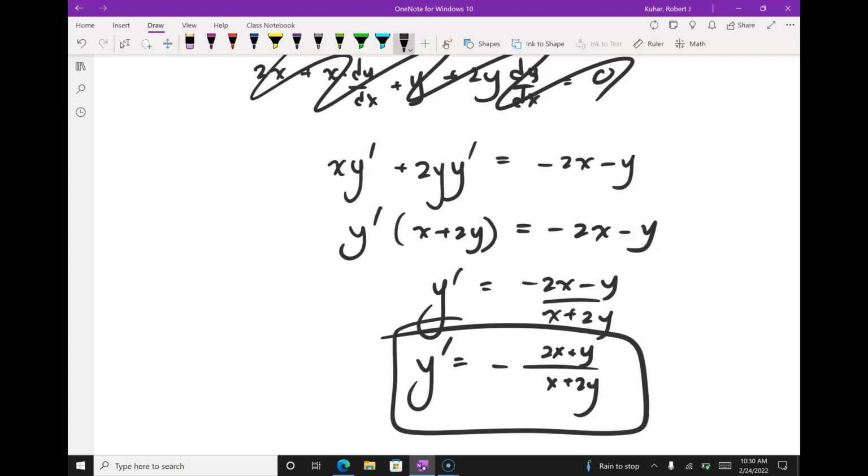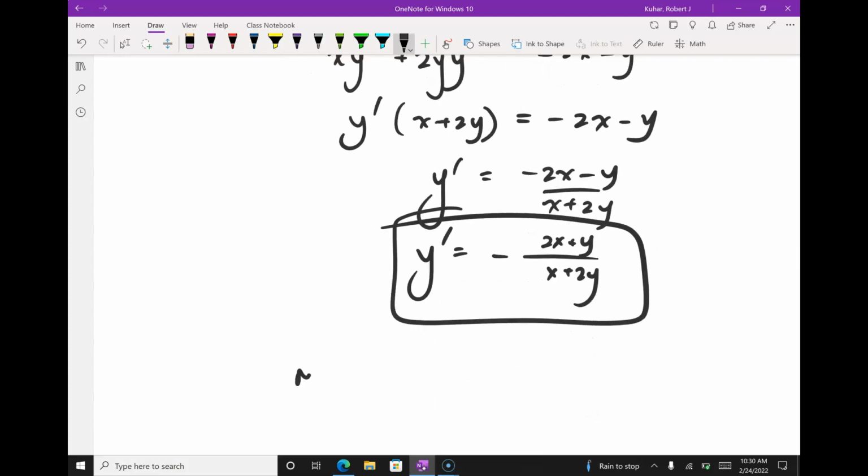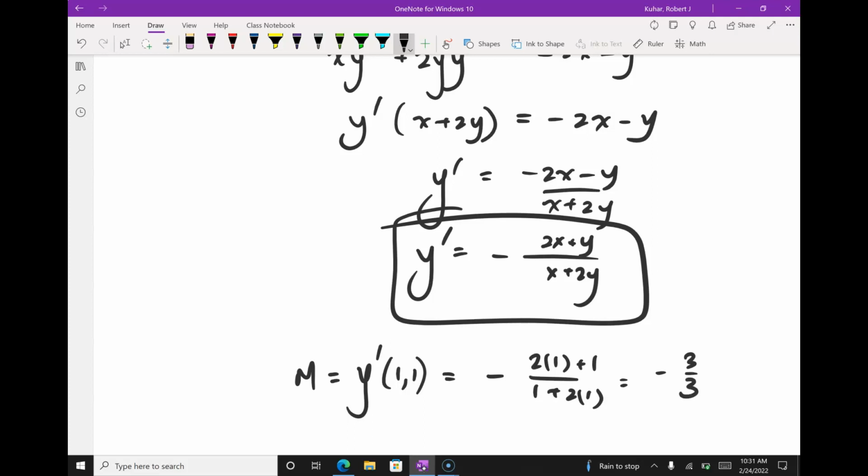So what slope do I get when I plug in 1 for x and 1 for y? So m equals y prime at 1, 1, right? So negative 2 times 1 plus 1 over 1 plus 2 times 1. So negative 3 over 3, negative 1, right?